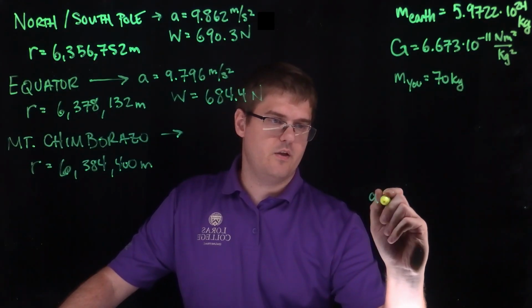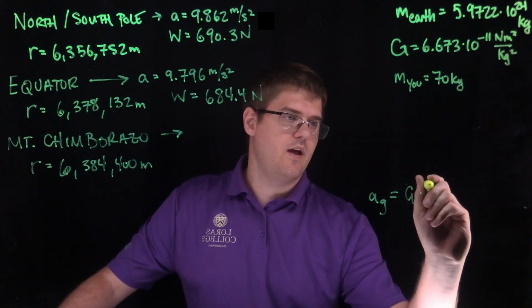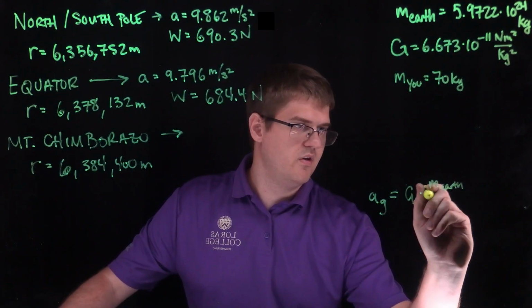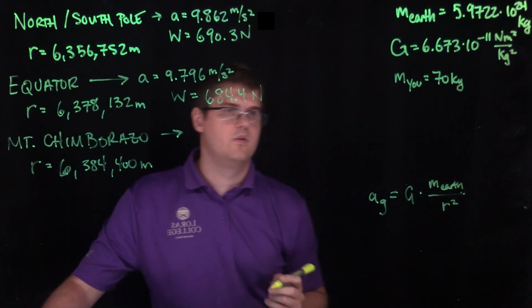We've got my acceleration due to gravity is going to be equal to capital G times mass of the Earth divided by my radius squared.